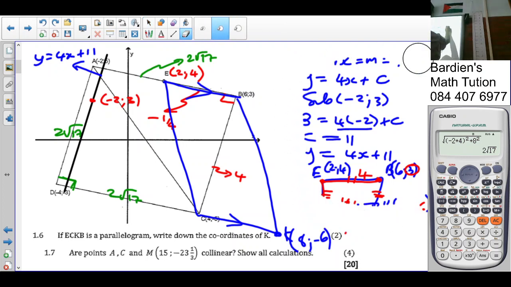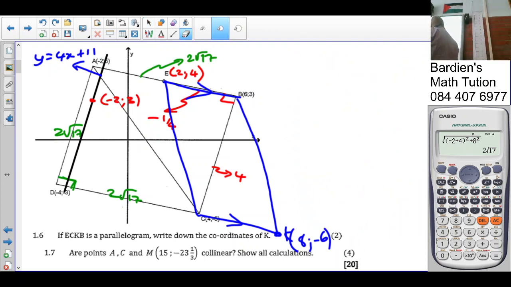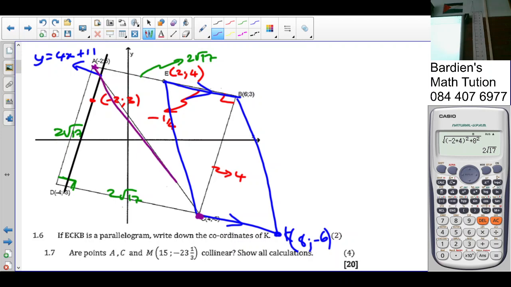Okay? Everything is going to make sense now. The last one, we are asked, are points A, C and M collinear. So M is 15 and negative 23 and a third, far down here.